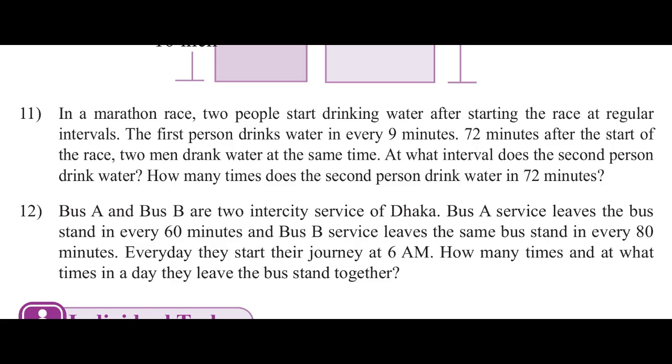So the interval for the second person to drink water will be those factors of 72 with which the LCM of 9 will be 72. So at first we have to determine the factors of 72, and then we have to select those factors of 72 with which the LCM of 9 will be 72.